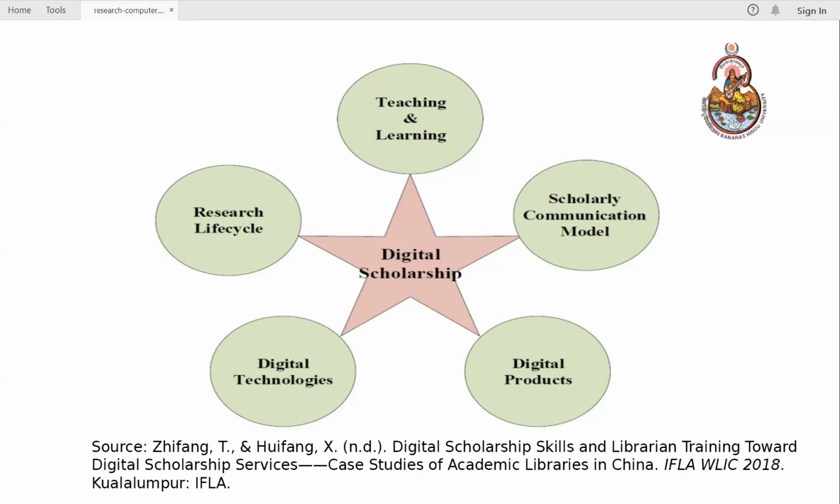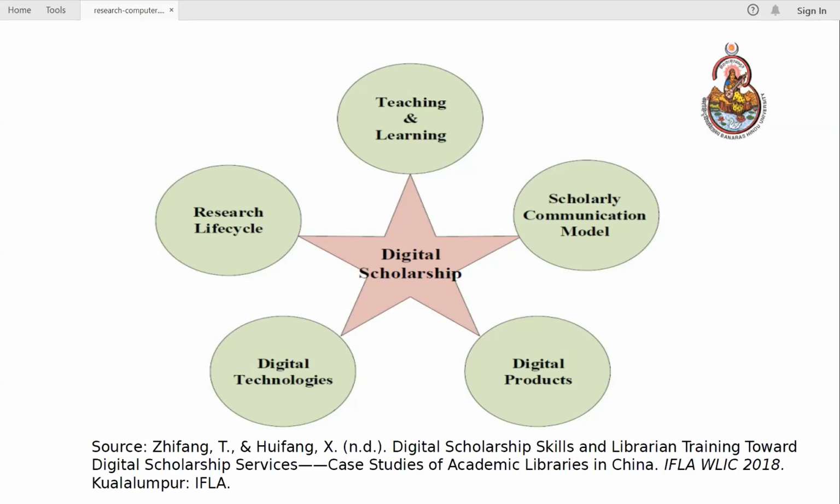In plain words, when scholars sit together on any platform, virtually or physically, and discuss a subject, that communication should be called scholarly communication. There is no specific method; it just happens among the scholars.